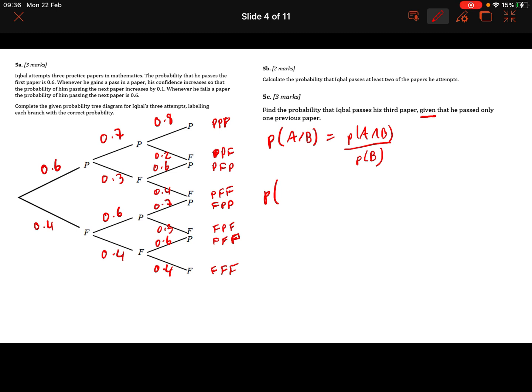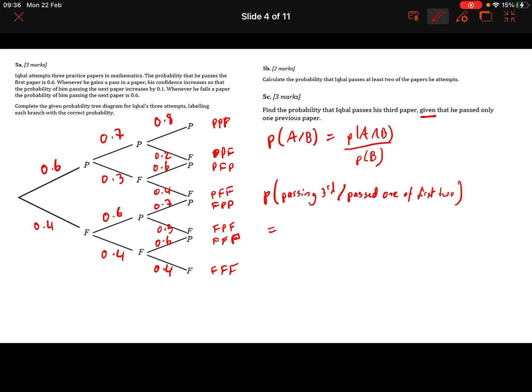So we're saying the probability of passing the third, given that he passed only one previous paper, so one of the first two. Okay, and then say what that is.